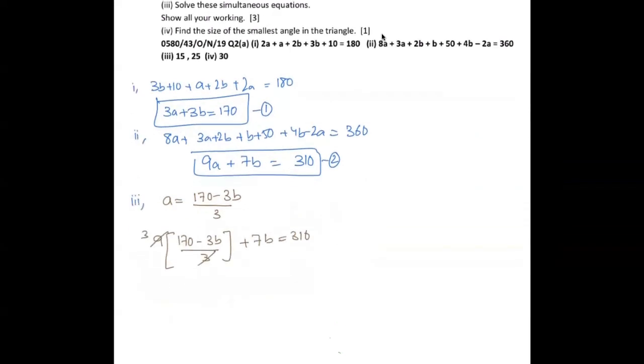Substitute a in the second equation, 9 times a, that is 170 minus 3b upon 3 plus 7b equals 310. 170 times 3 is 510 minus 9b plus 7b equals 310. 510 minus 310. This is going to be equal to 2b. So b comes out to be 100.